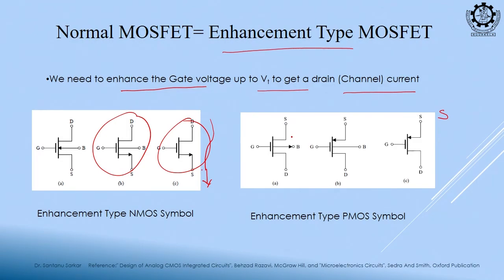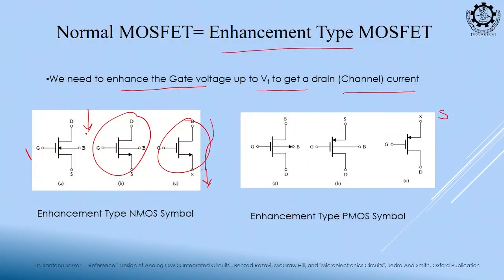If we want to think like a digital circuit, in NMOS, which logic should turn it on, 0 or 1? VGS should be high, no? So, gate should be 1, then it should turn on. In this case, source is at, suppose, VDD, VDD means logic 1. So, if I give 1 at gate, VGS is equal to 0.